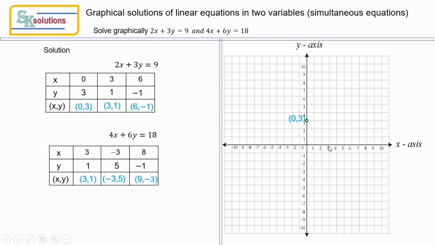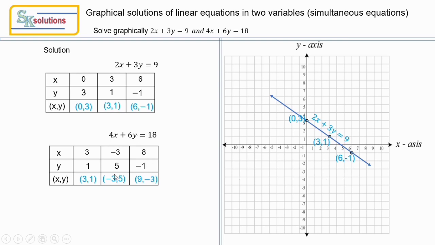So let's mark (3, 1) here. And (6, -1) is marked here. Now you can see these 3 points are on a straight line. Let us join these 3 points. So you get the line here. The equation of this line is 2x + 3y = 9.